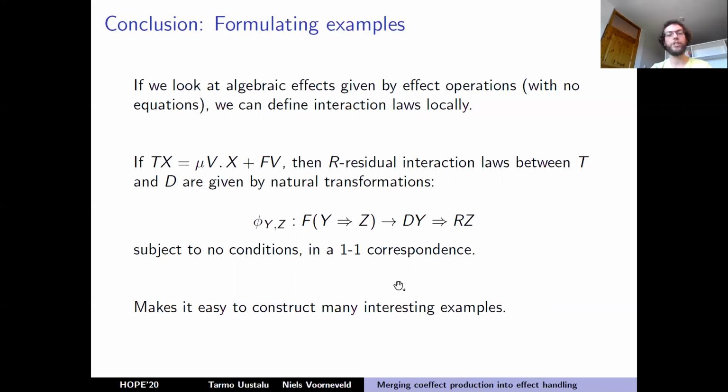And this natural transformation is not subject to any additional equations. So this gives you a functor interaction law, subject to no equations, but still in one-to-one correspondence with our residual interaction laws. So this makes it very easy to construct many interesting examples.